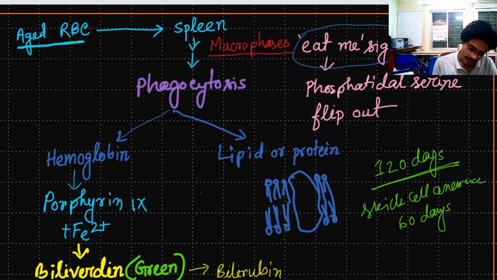The membrane has different kinds of phospholipid. One of the special phospholipids is phosphatidylserine (PS).